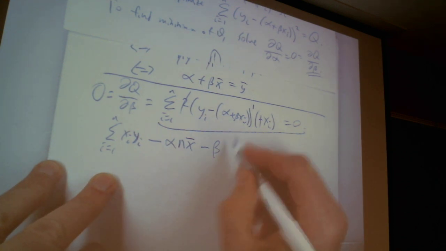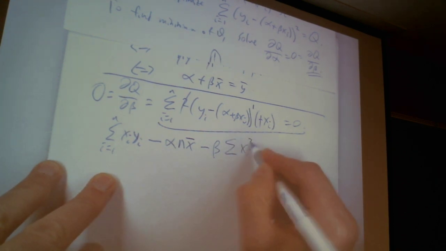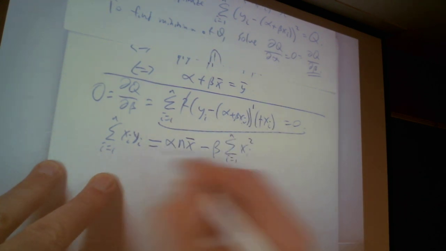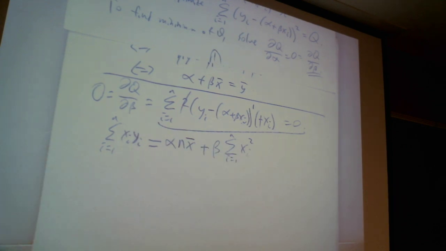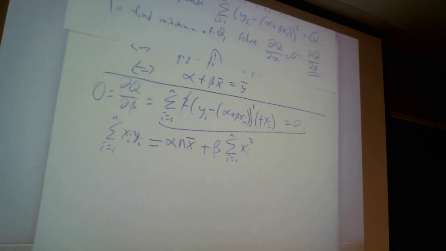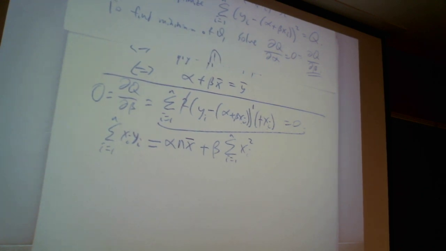The sum of the squares, xi squared, an xi there and an xi there, as i goes from 1 to n. And this equals 0. In other words, I can move these two negative signs to the other side and I get this relationship. Slightly more complicated relationship. Okay? Does everybody see that?